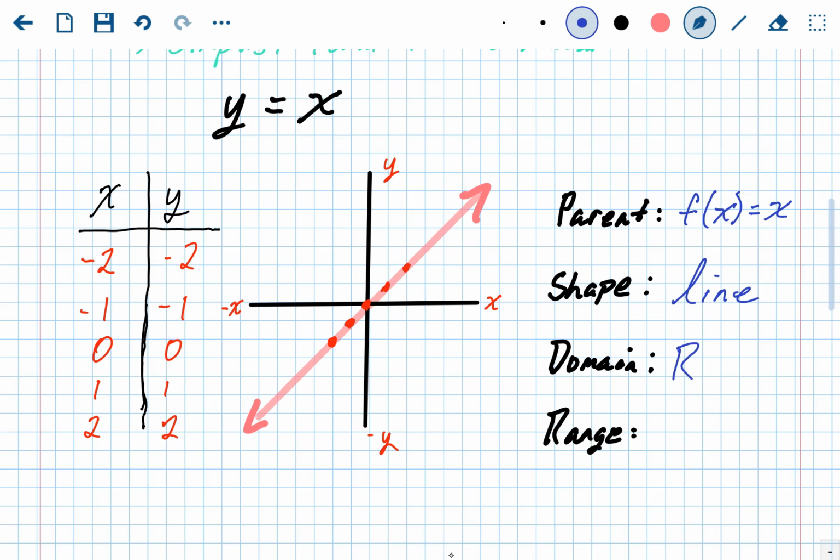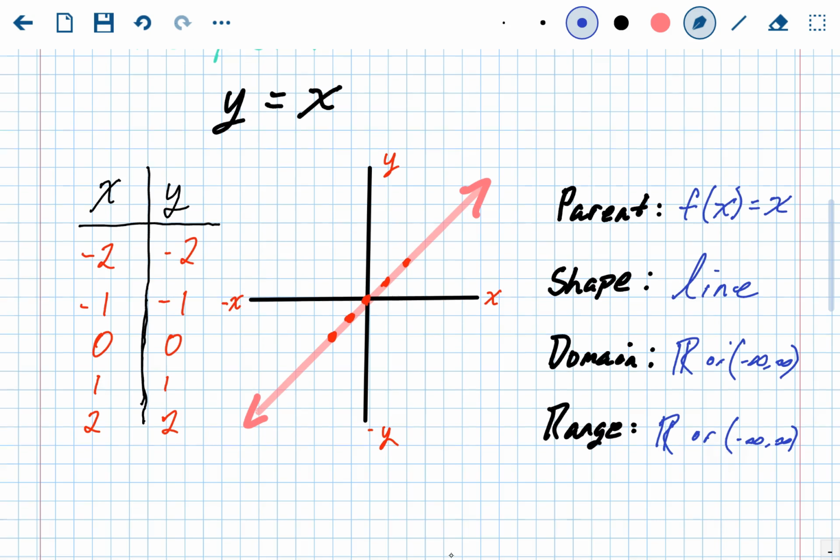You could write it with the words all real numbers. You could also write it in interval notation, which would be negative infinity to positive infinity. So either one. That just means the entire graph is being used. All the x values, all the y values.